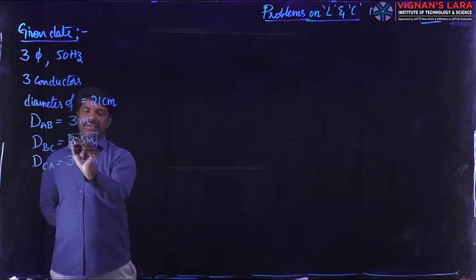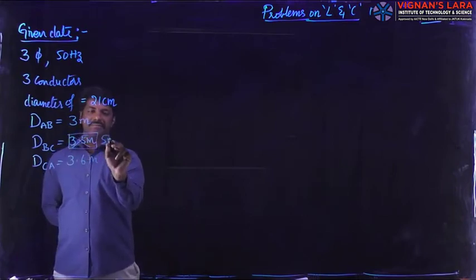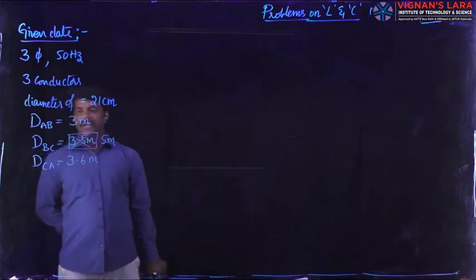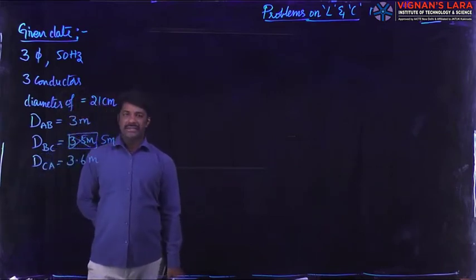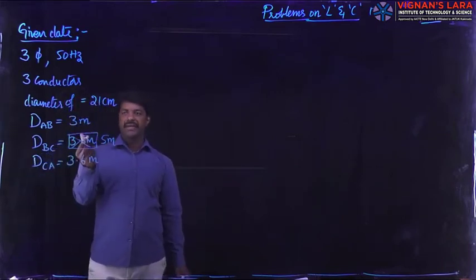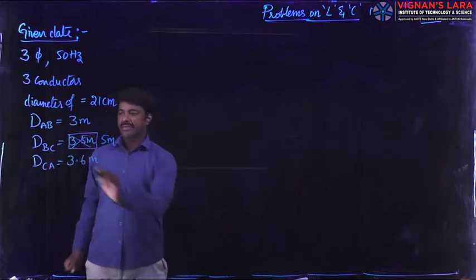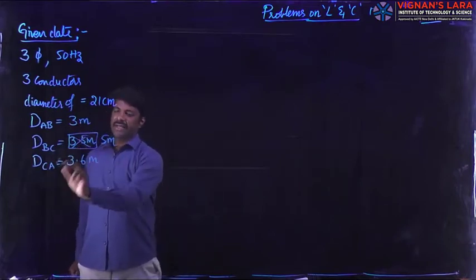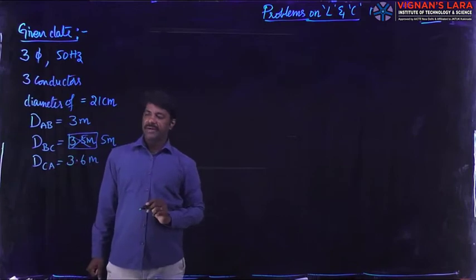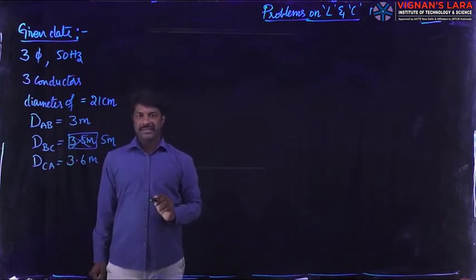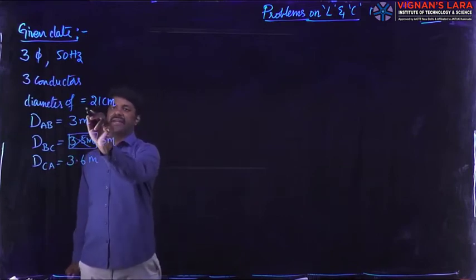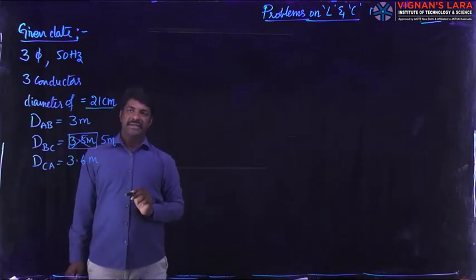So it's a three-phase system with three conductors, AB separated with 3 meters, BC with 5 meters and CA with 3.6 meters, and each conductor has a diameter of 21 centimeters.